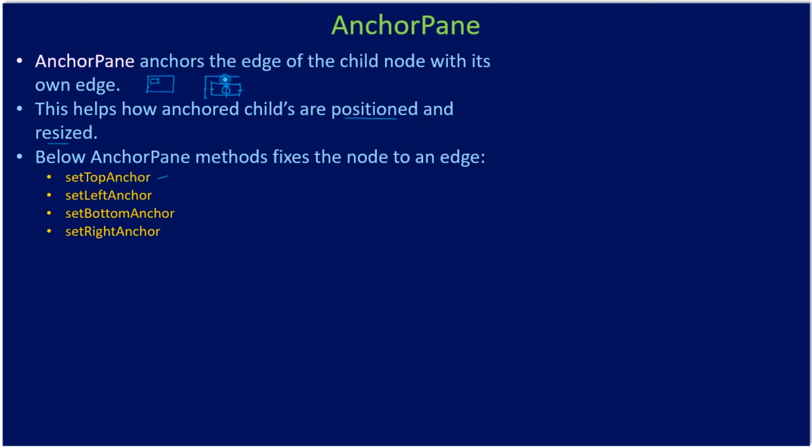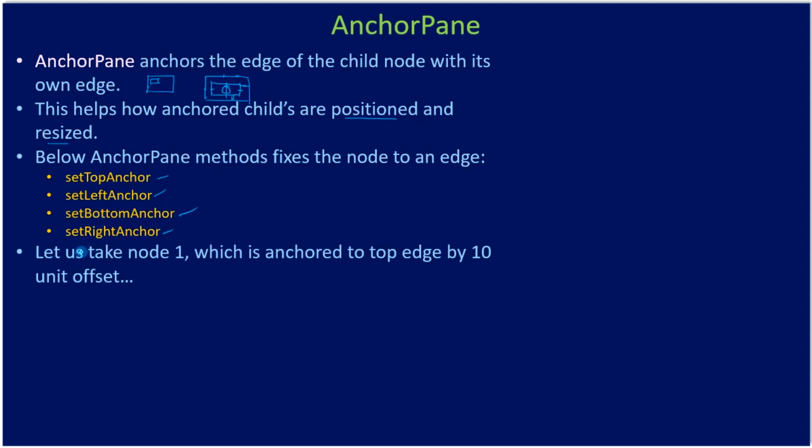That means it will fix the top edge. setLeftAnchor, this one. setBottomAnchor, this one, and setRightAnchor. So you can make a combination of these methods to fix the anchoring of edges.